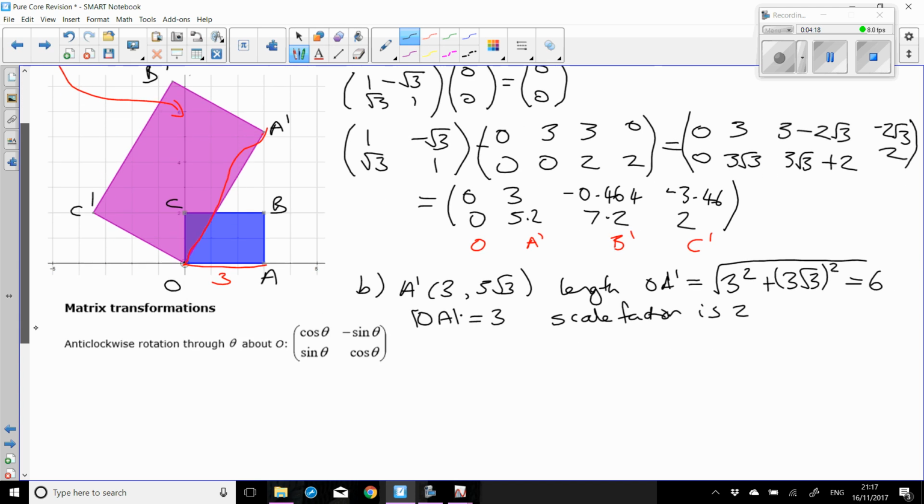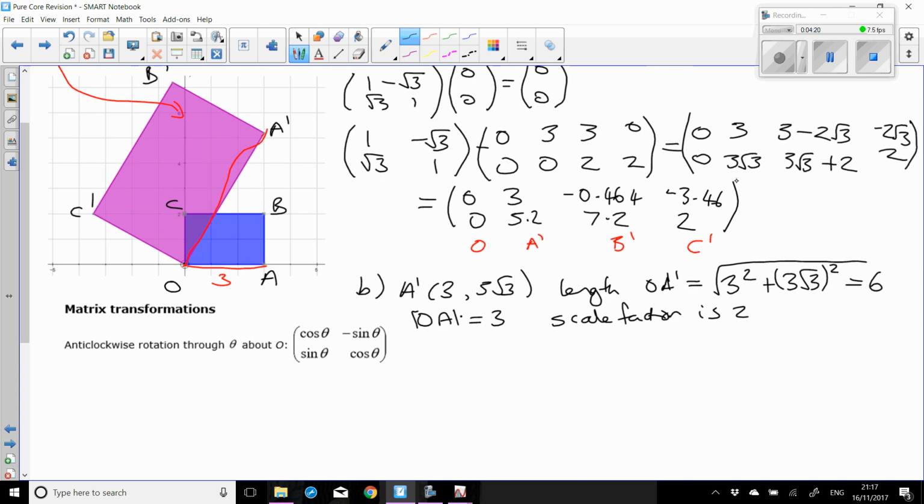So what we then do, using our exact form of our matrix, here was our transformation matrix, is take out the scale factor at the front. So the matrix is now 2 times a half, negative root 3 over 2, root 3 over 2, and a half, if I take out scale factor 2.